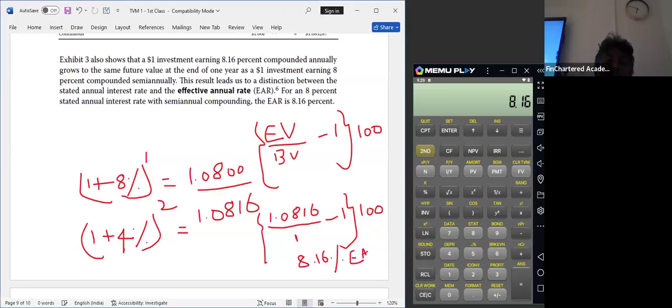Effective annual rate. Now, you guys have to tell me what this is going to be if 8% is compounded monthly.